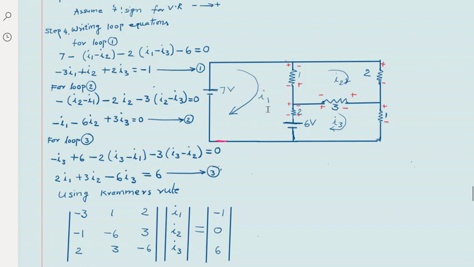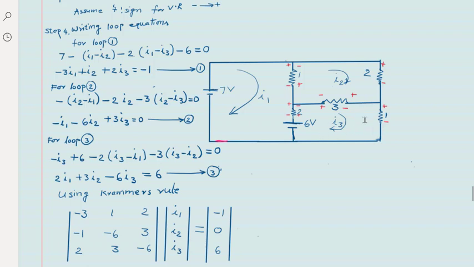This is the assumed direction. Once we have done this, we have to give the polarity across each element's voltage. To get that, we take one loop at a time and give the polarity for the elements. Then go to another loop, follow the same steps, and give the polarity for all elements in that loop.